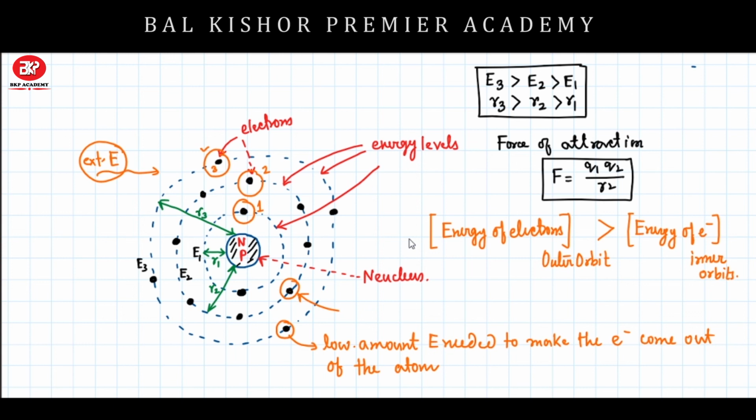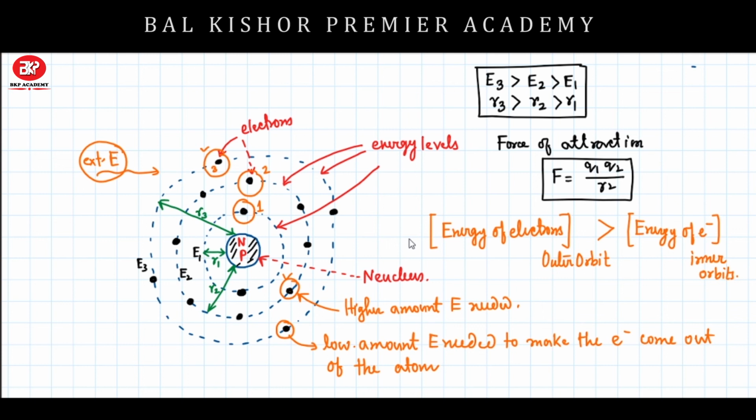To make this inner electron come out of the atom, I need a higher amount of energy. So we can see that the electrons in the outermost orbit have a high probability of leaving the atom.